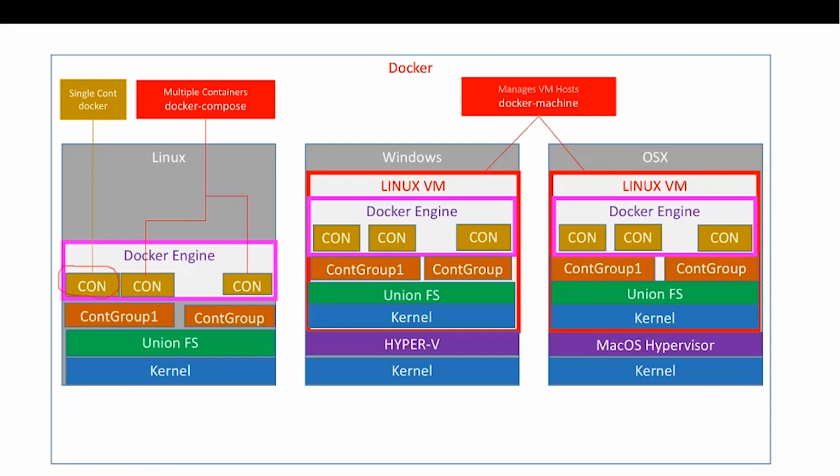On Windows, it will kick off a VM first, and then build the container inside of that VM. With Mac, it would kick off the VM first, and then run the container inside of that VM. That all happens automatically. Does that make sense?